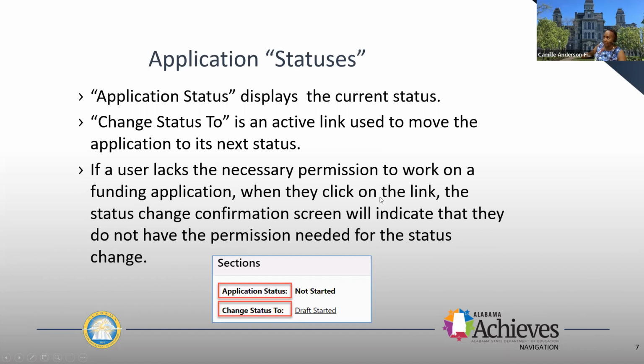For first-time grantees, if this is your first time applying for anything in eGap, then we will have emailed you your login and password. And with that login and password, the person who's signing in should have access to change this status.